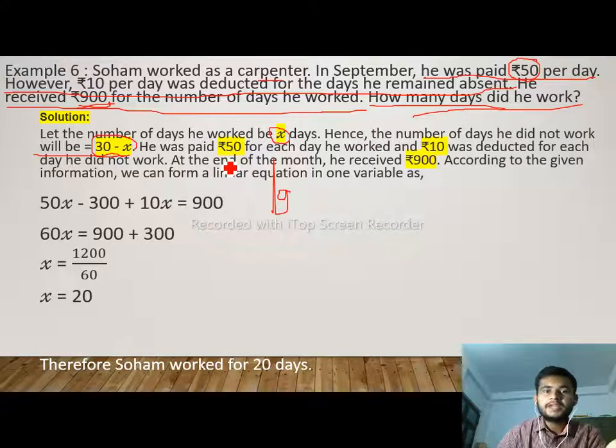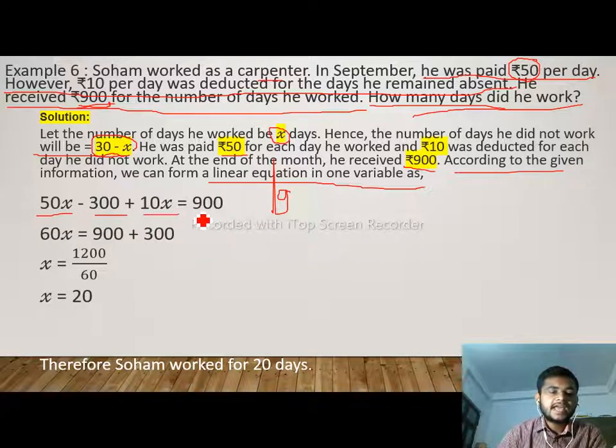So he was paid rupees 50 each day he worked and 10 rupees was deducted for each day he did not work, as given in the question. At the end of the month he received rupees 900. According to the given information, we can form a linear equation in one variable as 50x minus 300 plus 10x is equal to 900. How did we form this expression?